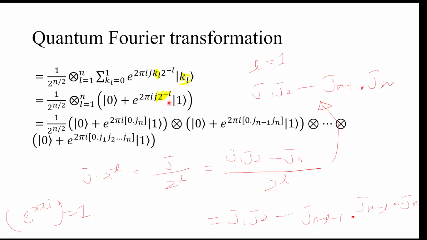Then for l equals 2, you move this by 2 units, you have 0 dot j_{n-1} jn, and etc., all the way to the next one. Then you have a dot in front of your j1, so you have 0 point j1 to jn, kind of a 0 point j. Okay, so that's the quantum Fourier transform expression.